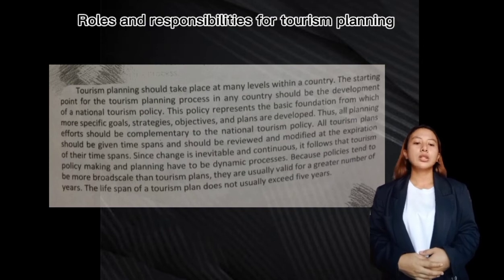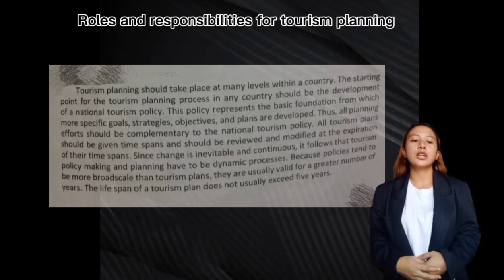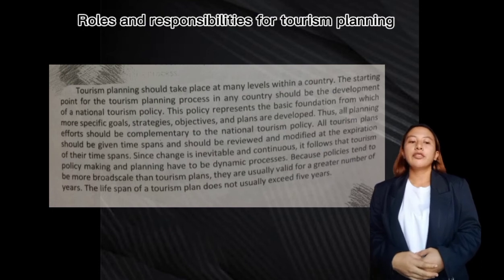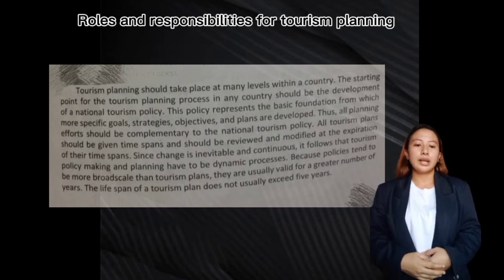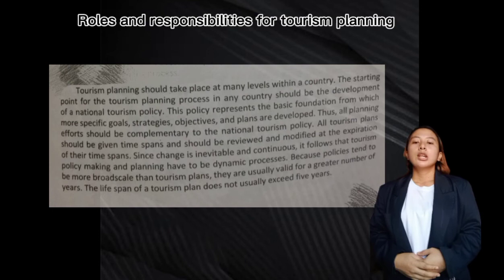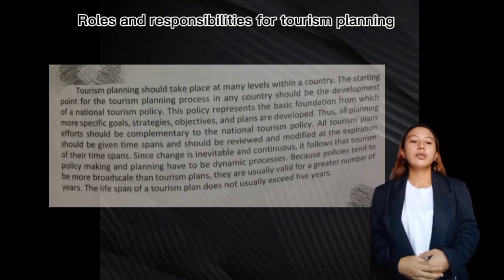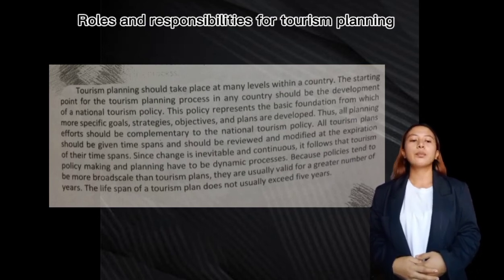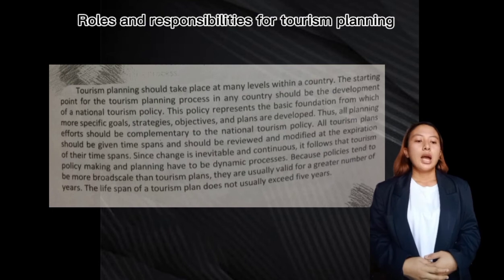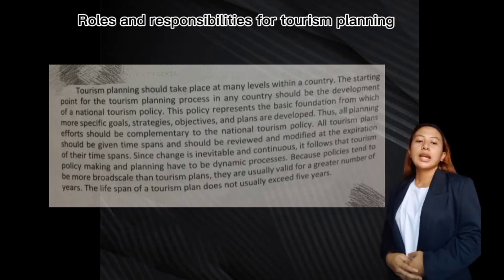All tourism plans should be given time spans and should be reviewed and modified at the expiration of the time spans. Since change is inevitable and continuous, it follows that tourism policy making and planning have to be a dynamic process. Tourism plans tend to be broad scale.